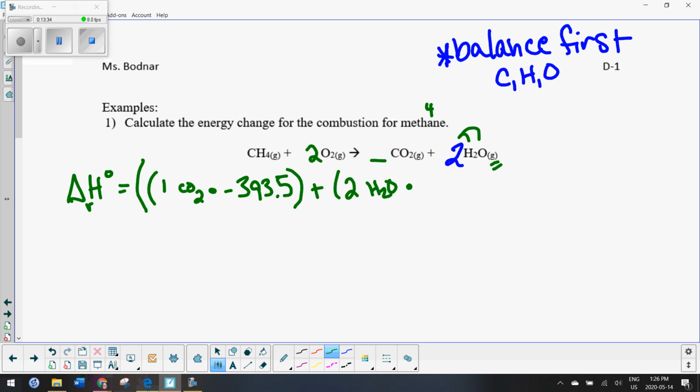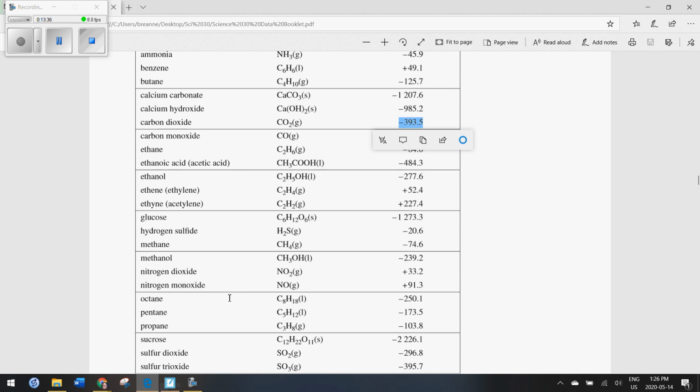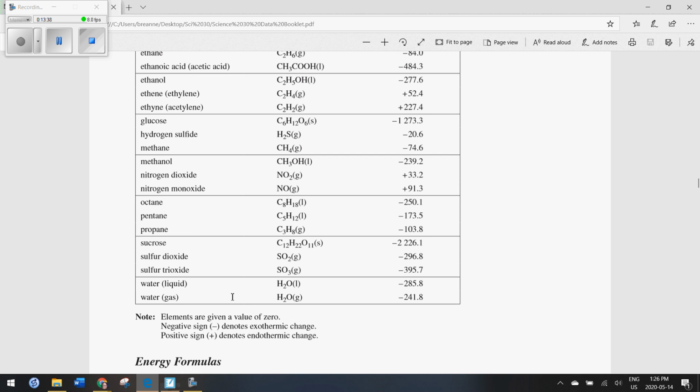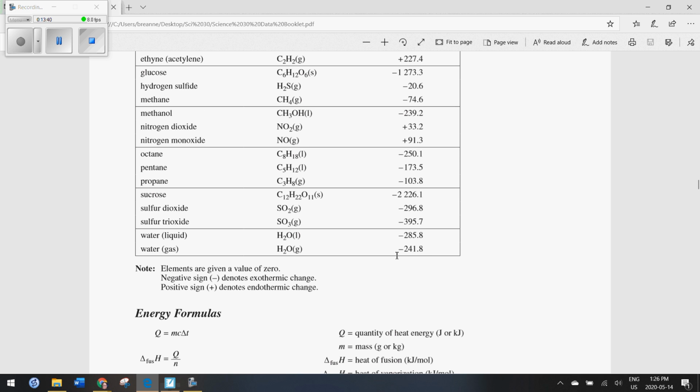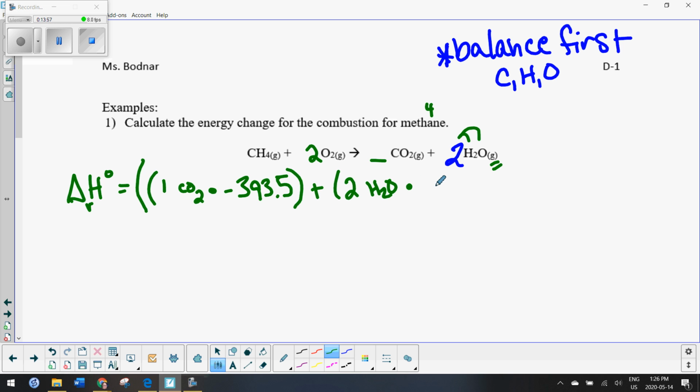So we know it's a gas because combustion gives off heat, and heat changes water to a gaseous form. So that's why I said be careful, because you have a liquid and you have a gas. So the gas heat of formation is different than the liquid, and a lot of students will mess up on this, so be very, very careful. So I'm using the negative 241.8.